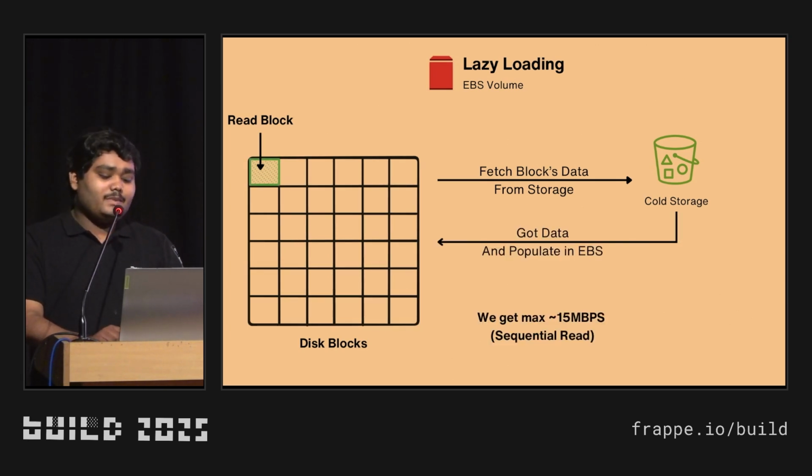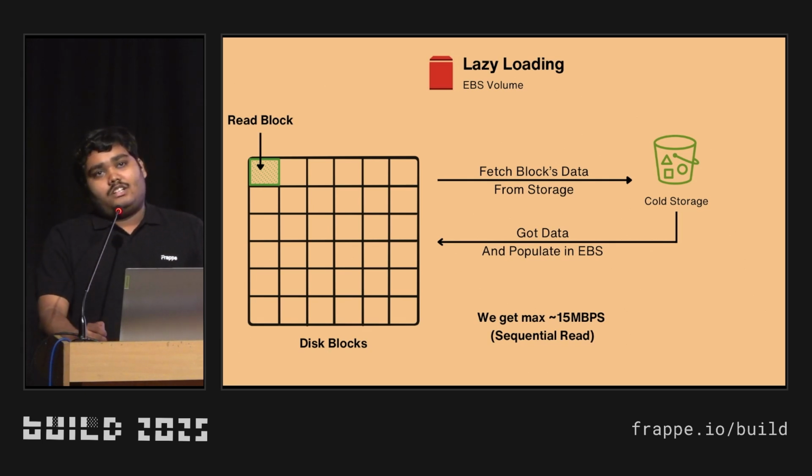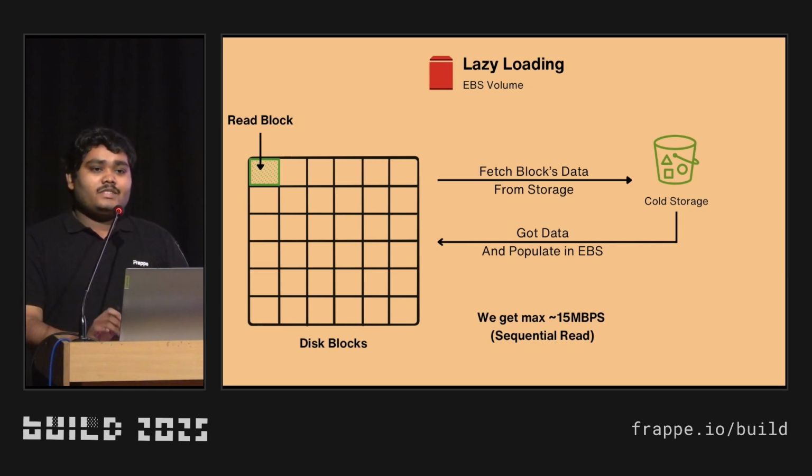That means there will be high latency. EBS normally has single digit latency, but in this case we get 50-60 milliseconds of latency and a maximum of 15 Mbps or so of speed.